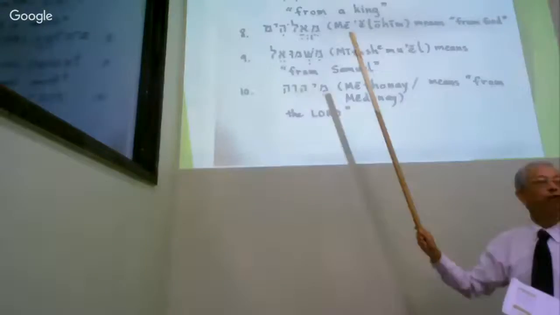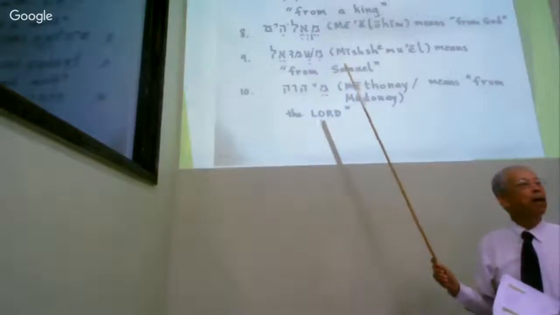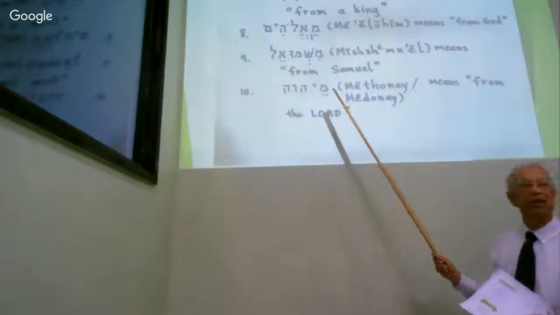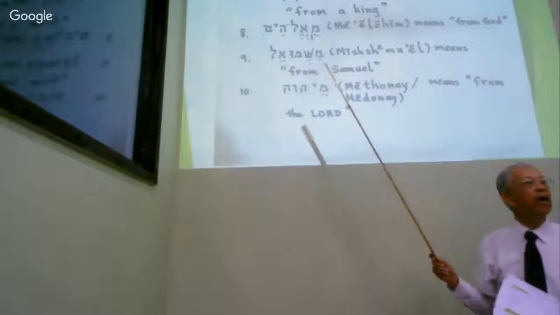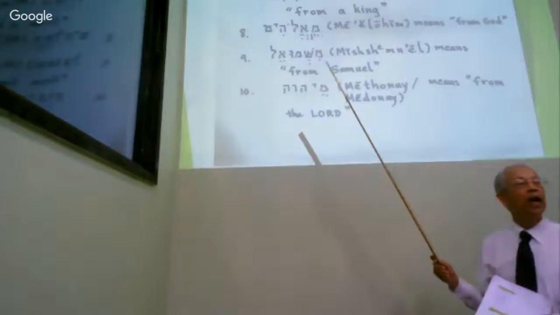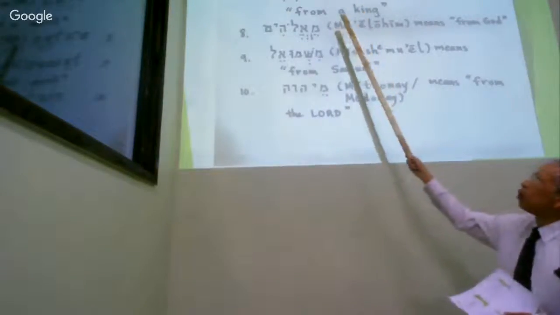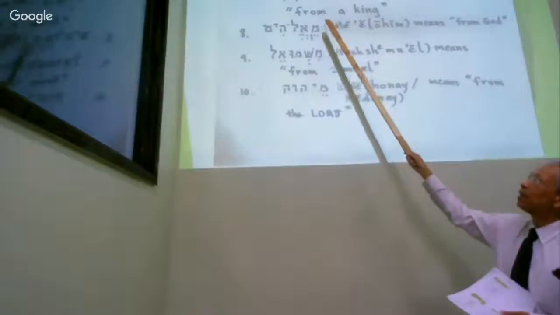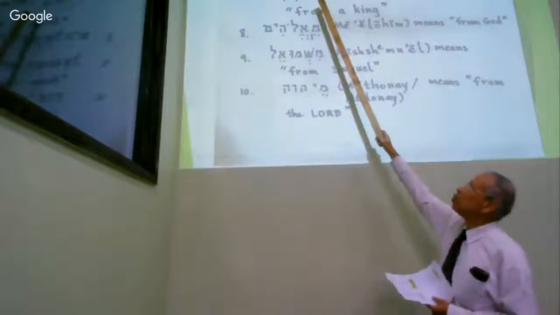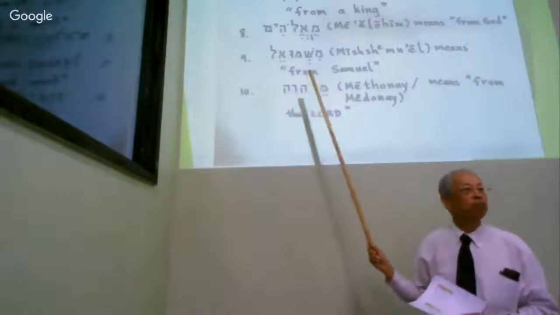Now this is dealing with min. In the first slide, we looked at le, be, and ke. We're now looking over here at min, M-I-N. Mem, hirik, and nun. Min, meaning from. Now when you join min to melech, the nun in min drops out.